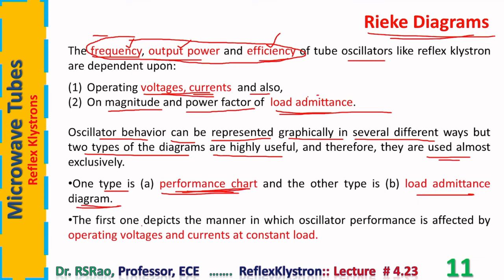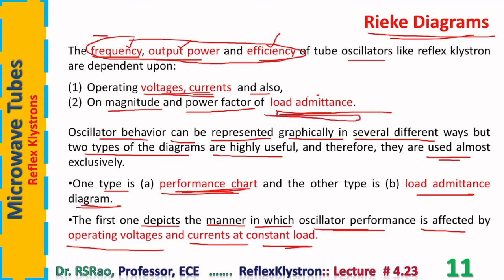Performance chart depicts the manner in which oscillator performance is affected by operating voltages and currents at a constant load. So, performance chart gives a graphical description of dependence of frequency, output power, efficiency on voltages and currents at a constant or fixed load.